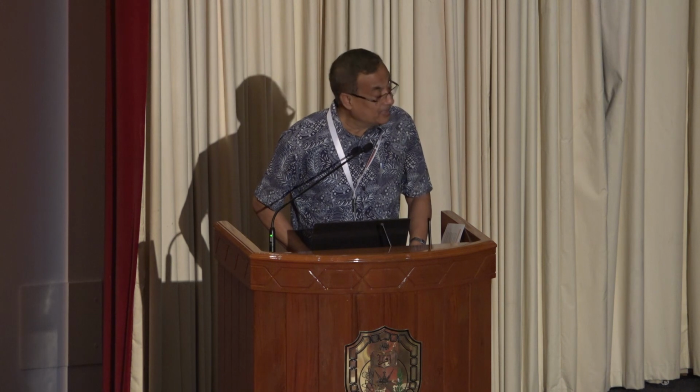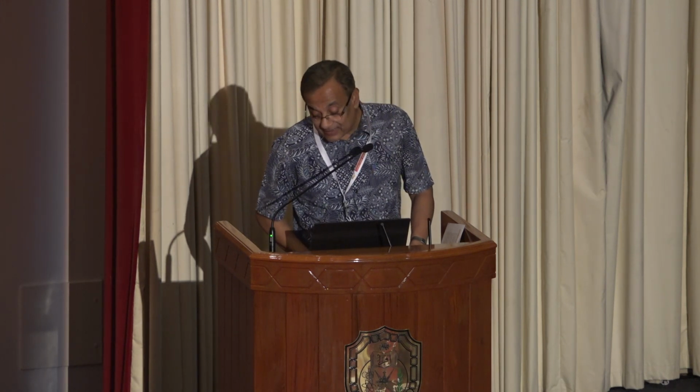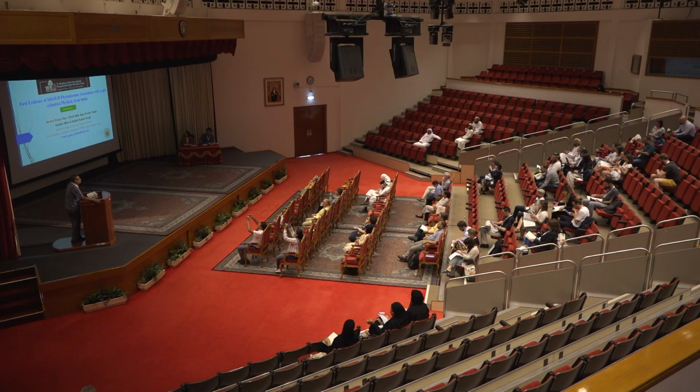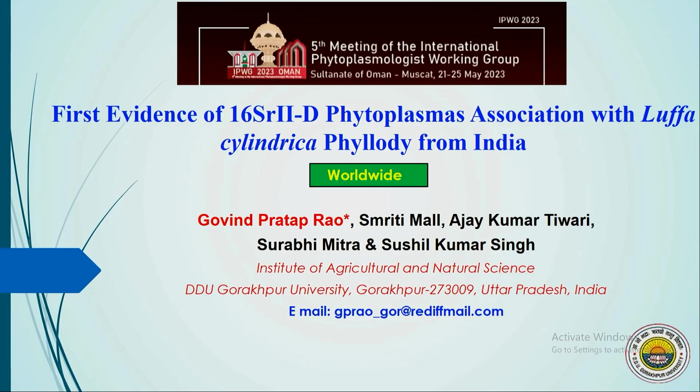As you know, India has a wide diversity of plants and phytoplasma strains. In the last 2 decades, we have identified more than 100 phytoplasmas, belonging to 12 phytoplasma groups in India.